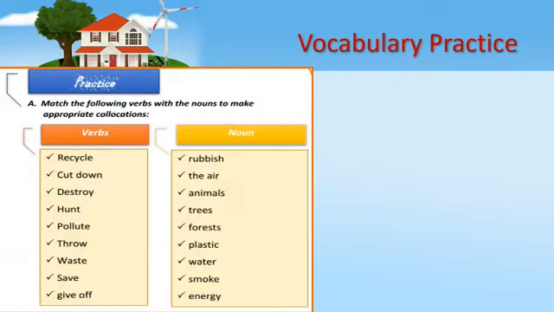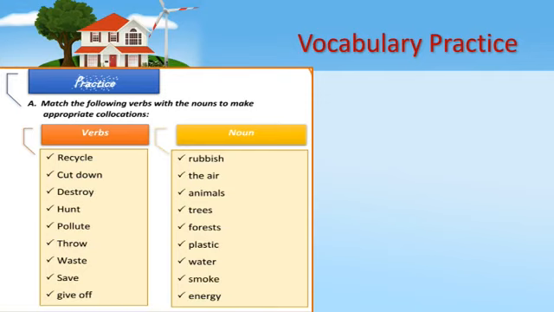Okay, now we will go through two exercises studying vocabulary items related to the topic of environment and ecology. The first exercise is about making collocations. As you can see, the question says match the following verbs with the nouns to make appropriate collocations.